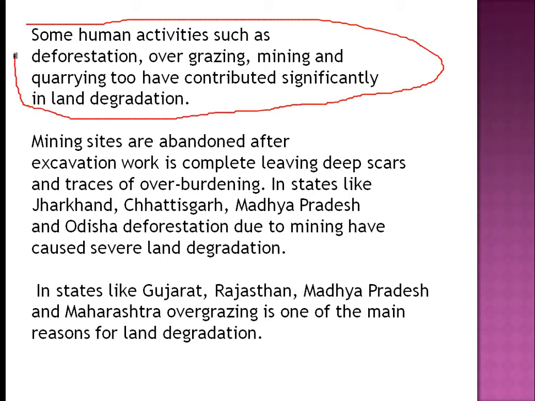This first paragraph talks about human activities such as deforestation, cutting of trees in large numbers, and overgrazing, where the cattle and animals which human beings herd graze on the pasture land, which also leads to land degradation. Then mining and quarrying also contribute significantly to land degradation.